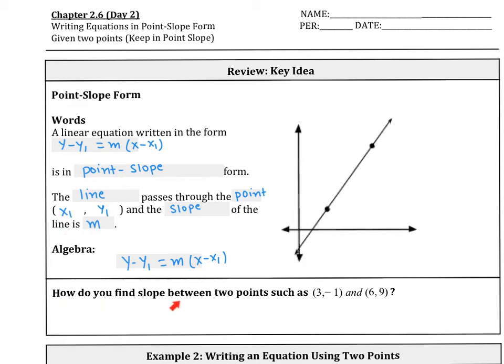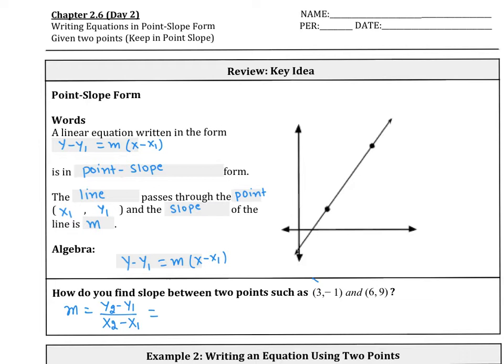How do you find the slope between 2 points such as 3, -1 and 6, 9? We have done these types of problems in the past, where the slope can be found with the formula m equals y2 minus y1 divided by x2 minus x1.